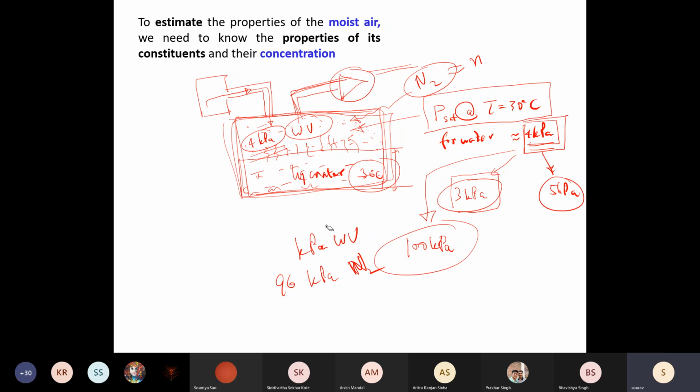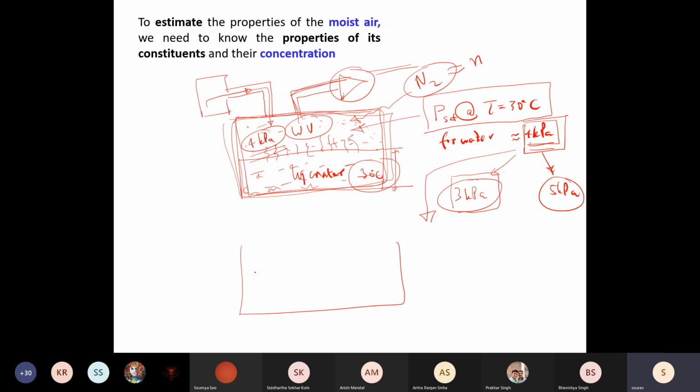If you reduce the partial pressure of water vapor below 4 kPa, it will have evaporation. Okay, so now what is evaporation? See, in evaporation, what happens is, just assume that there's a very thin layer of gas just above the liquid water. Over here, you will have pressure of 4 kPa. This is the partial pressure of water vapor, assuming that the liquid water is at 30 degrees.